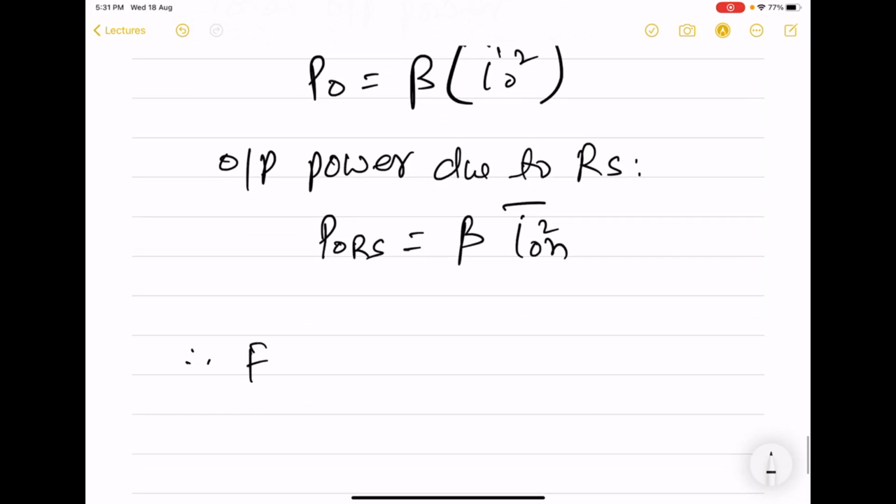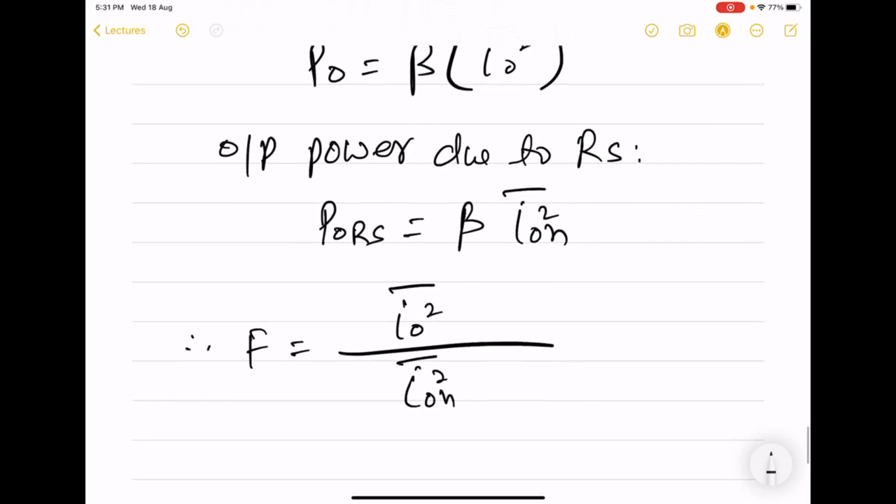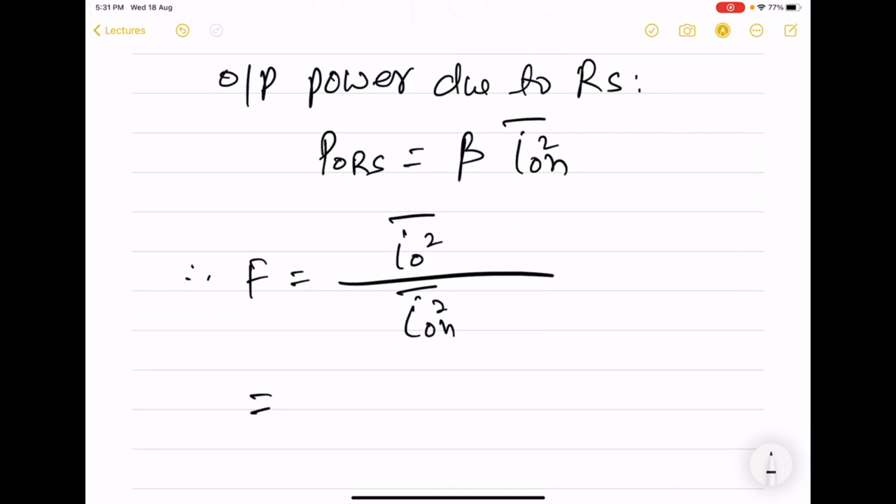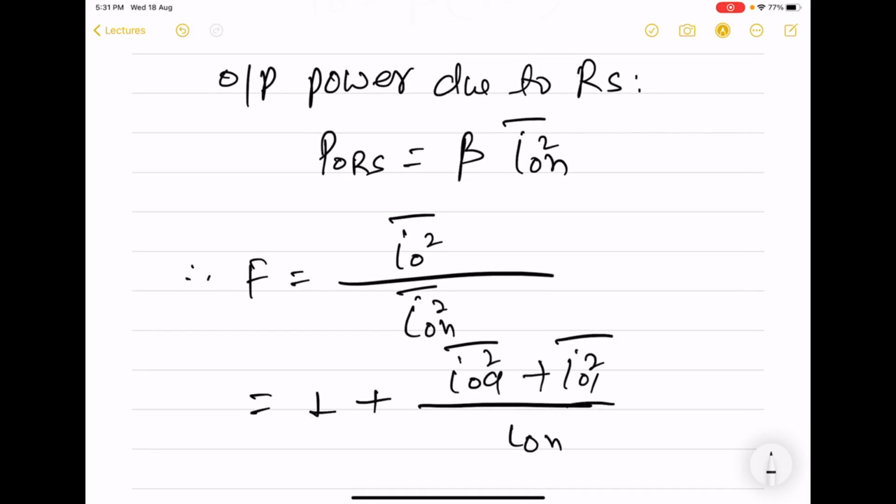So therefore the noise factor F is going to be the total mean square divided by ION mean square. So this will turn out to be 1 plus IOD mean square plus IO1 mean square divided by ION mean square.